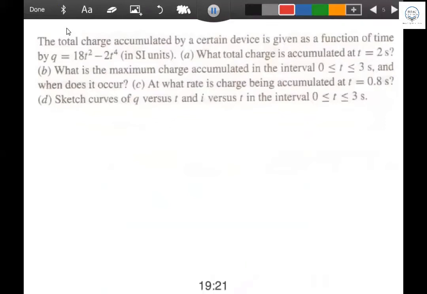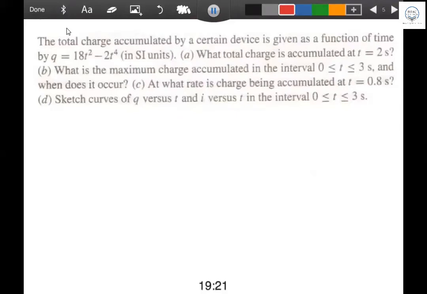The total charge accumulated by a certain device is given as a function of time by q equal to 18t square minus 2t to the power 4. It is in SI units. Don't need to worry about MKS unit, FPS unit. So this is the function of charge given.